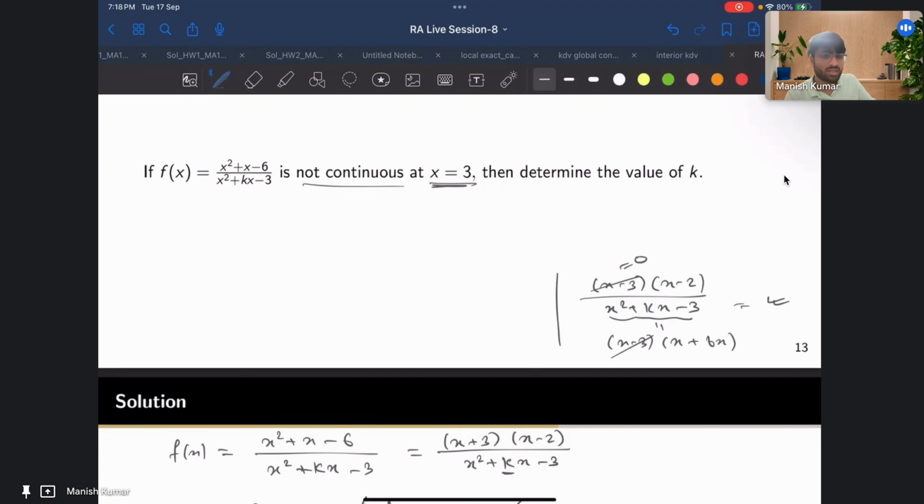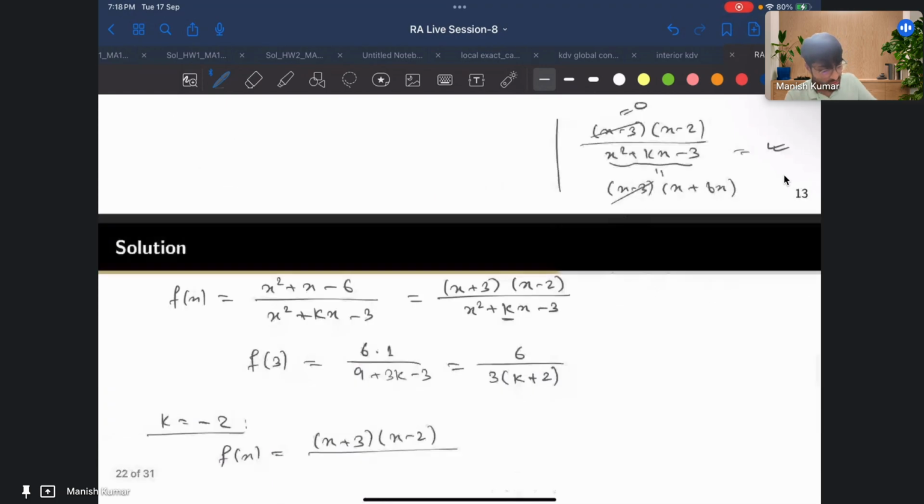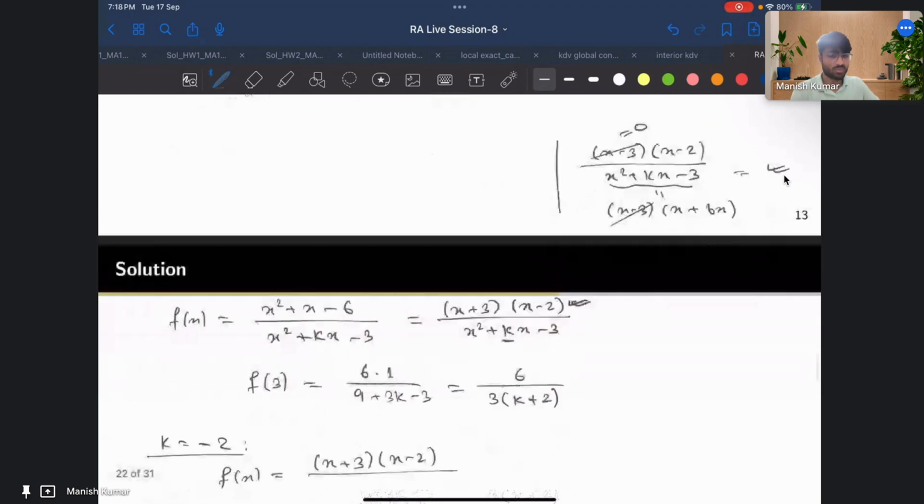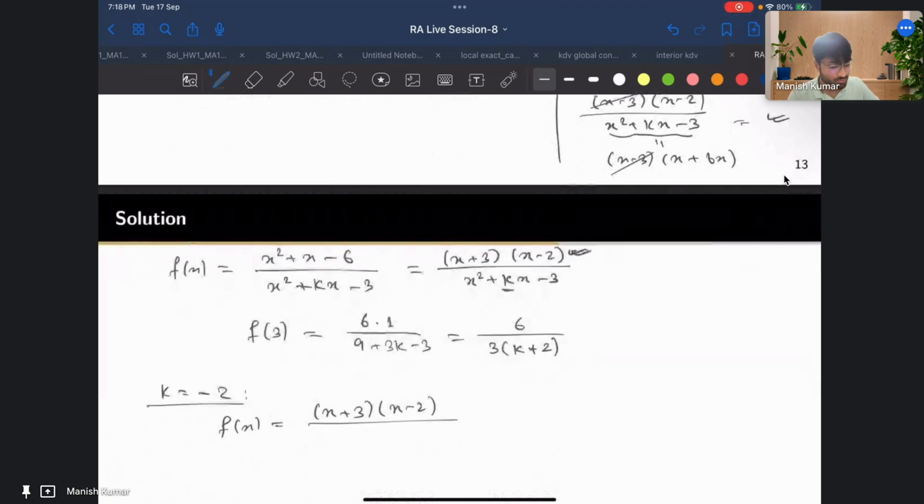So the limit might exist, but over here you see there is no factor as such in the numerator. There is no x minus 3, because here you are taking x equal to 3. If there was a possibility that the limit will exist, then the numerator should have x minus 3 as a factor. Then only you will get 0 by 0 form, and then everything will work. Because here, if you substitute x equal to 3, you are getting something finite, right?